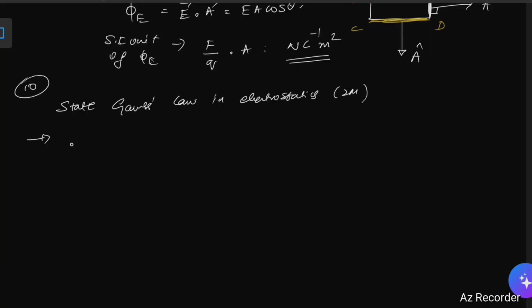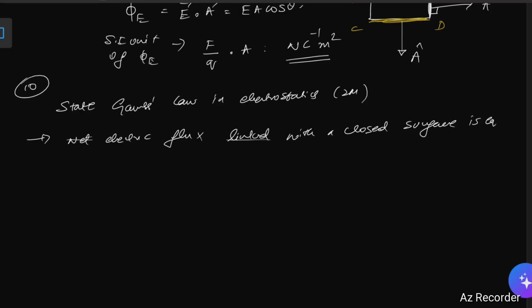It states that net electric flux, it is important to mention net, net electric flux linked with a closed surface is equal to 1 by epsilon naught times charge enclosed within that surface.